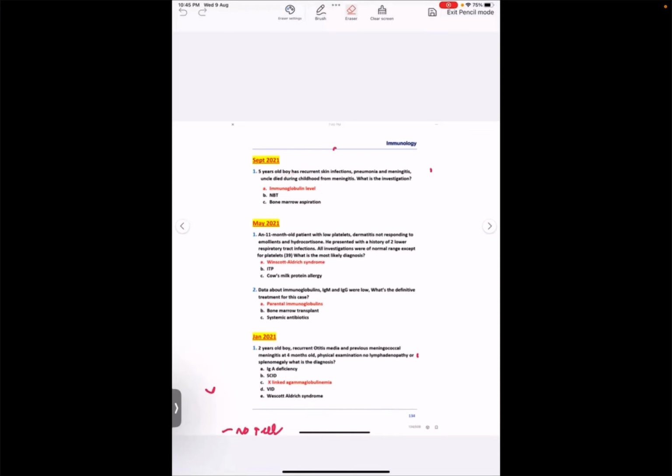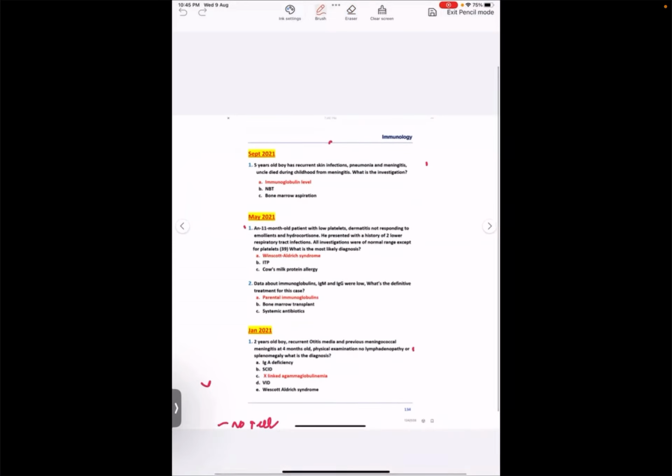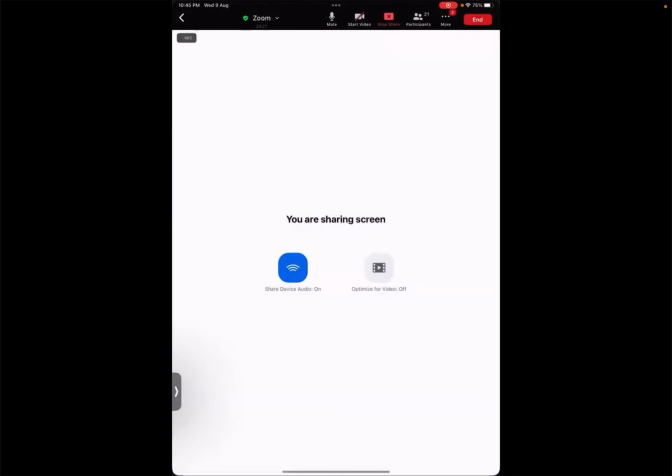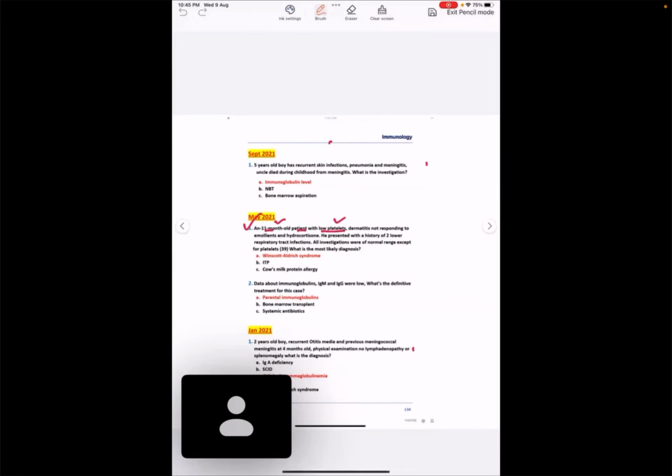Next we will move to this question. An 11-month-old patient with low platelets, thrombocytopenia, dermatitis not responding to emollients and hydrocortisone.